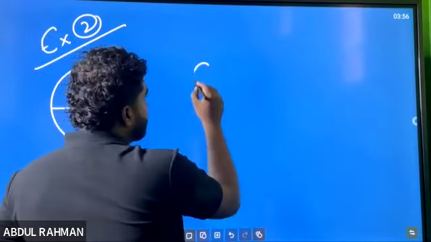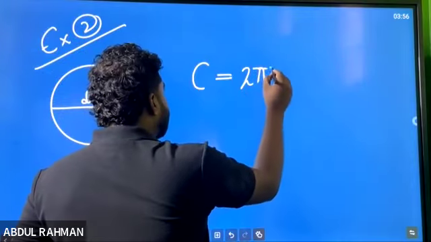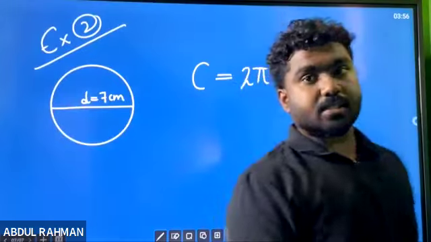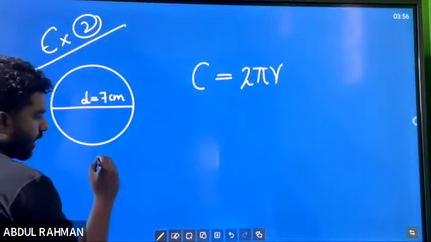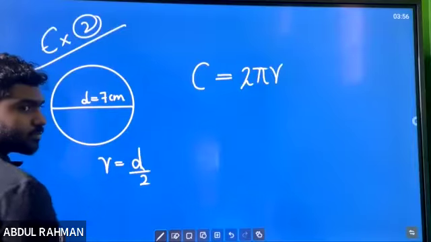Okay, right. C equals 2 pi r. Before substituting things, I need to find out the value of the radius. I said there is a relationship, right? Radius equals diameter divided by 2.